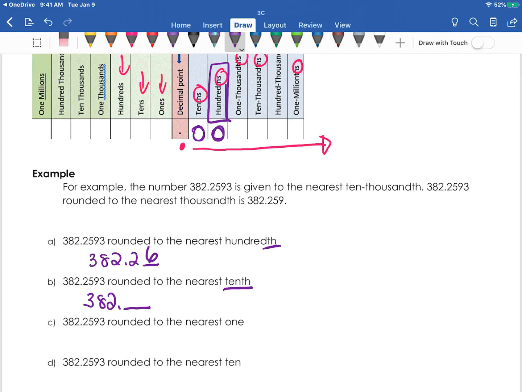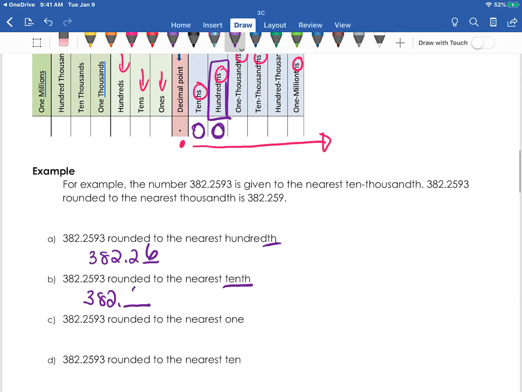We only can tell what to do if we look at the decimal place to the right of what we want to keep and decide if it's 5 or bigger or 4 or less. Since the 2 has a 5 to the right of it, that 5 tells me that I need to bump the 2 up to a 3. So the answer is going to be 382.3.